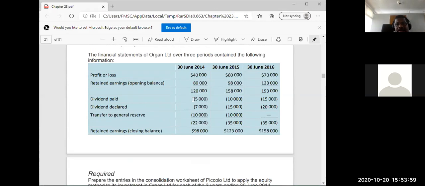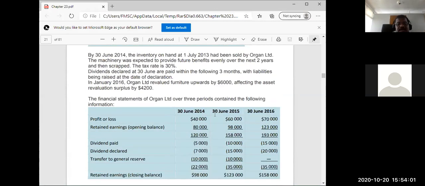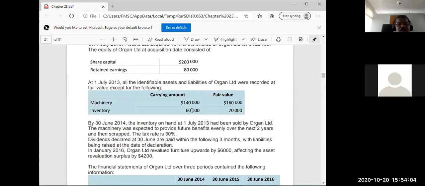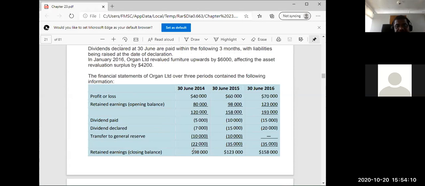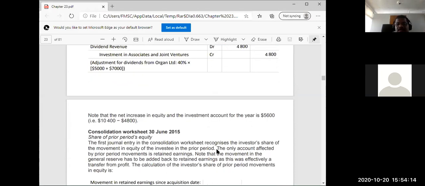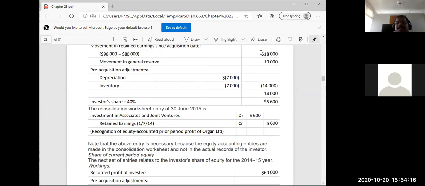If you go back to the question, you can see your initial equity retained earnings were this much and your first year end equity is so much. So what is the difference? The difference is 18,000. And you know that there is a movement in general reserve. You have to add it back.